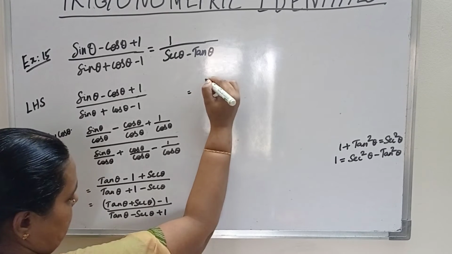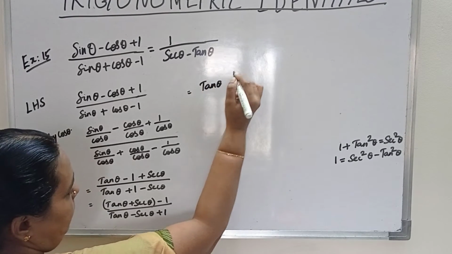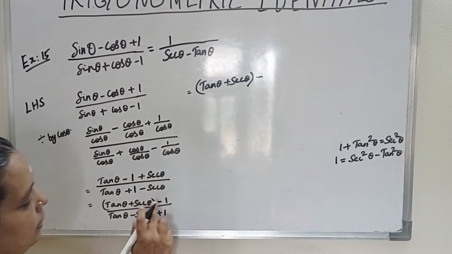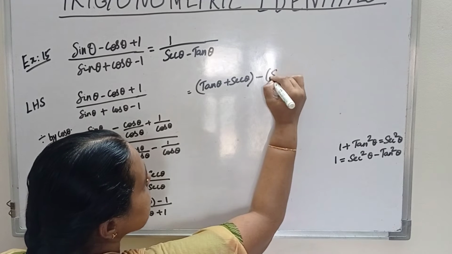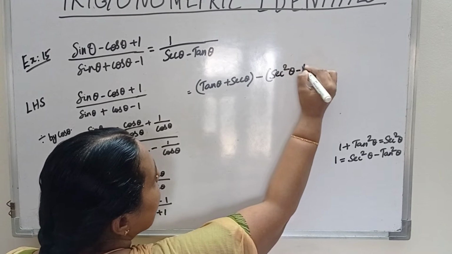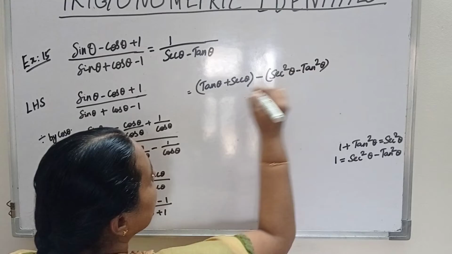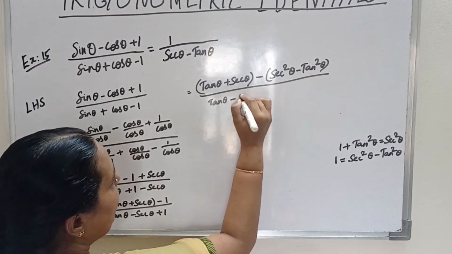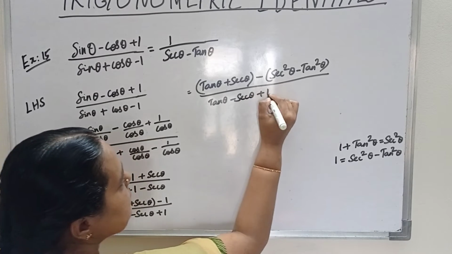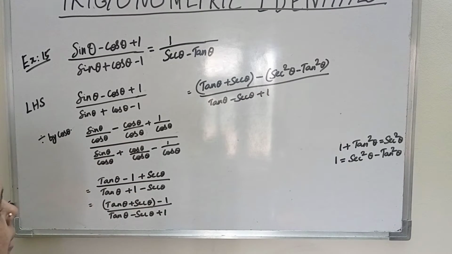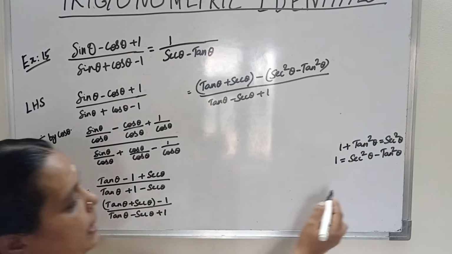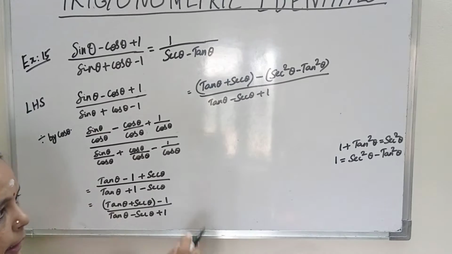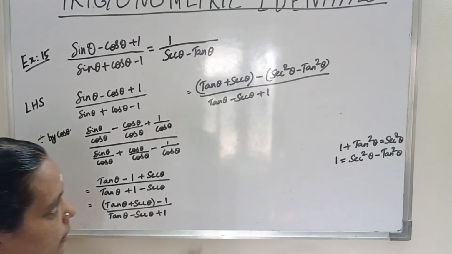So in the next step, tan theta plus secant theta minus, instead of 1, we are writing it as secant square theta minus tan square theta, divided by tan theta minus secant theta plus 1. Right? Understood? Instead of 1, we will be replacing it with secant square theta minus tan square theta with the help of the identity 1 plus tan square theta is equal to secant square theta.